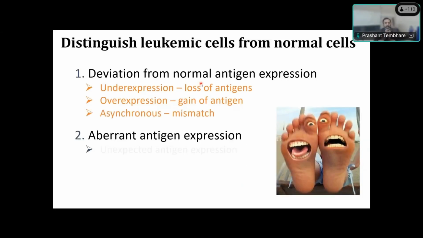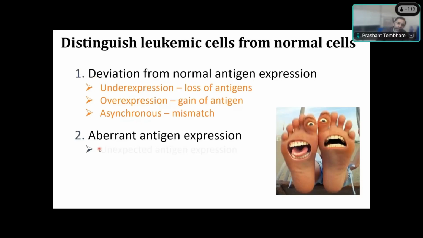Mismatch means an antigen which should be present at a particular stage of maturation is present at another stage. We know hematogones have 3 stages: stage 1, stage 2, stage 3. But if a marker which should be present on stage 3 is present on stage 1, that is asynchronous mismatch. So these are the 3 major principles used to define deviation from normal.